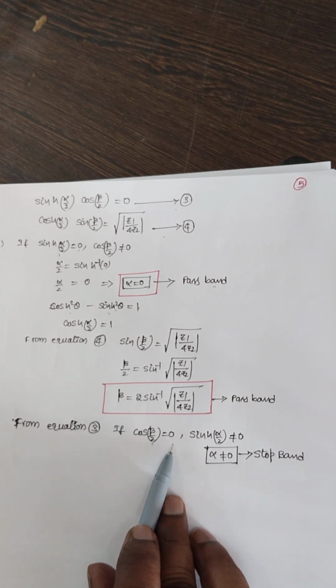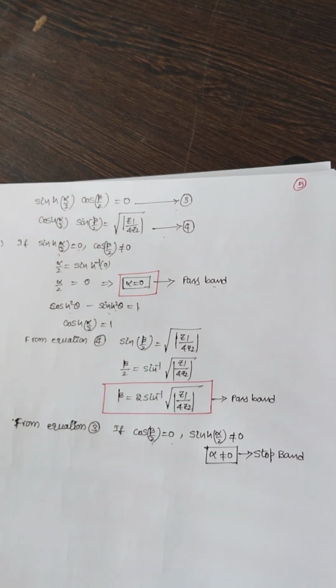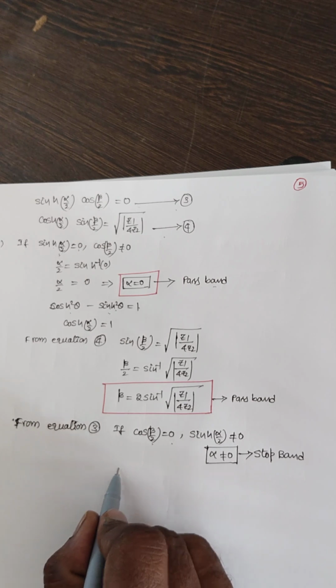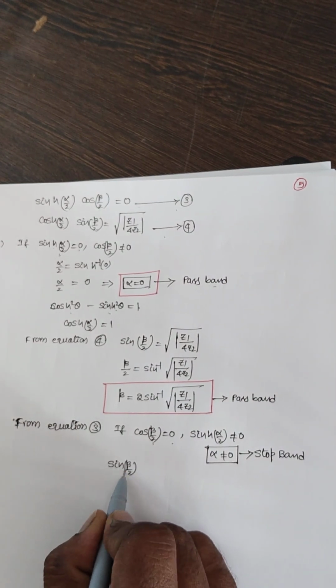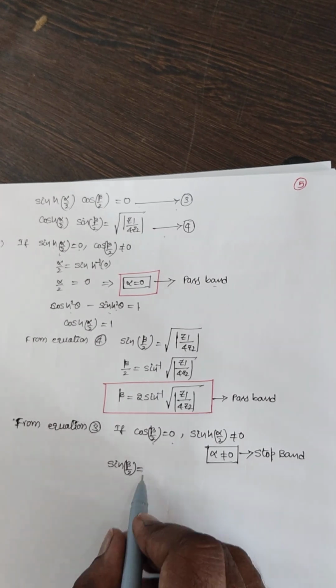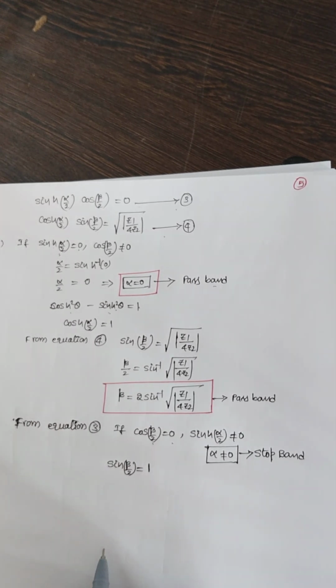Next, if cos(β/2) is equal to 0, what is sin(β/2)? If cos(β/2) is equal to 0, sin(β/2) is equal to 1.